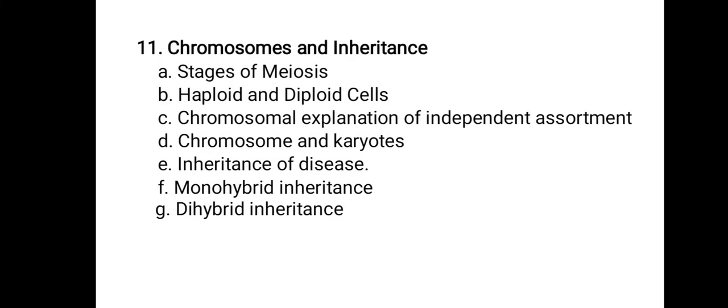And E, we'll talk about inheritance of diseases in living organisms, both in animals and in plants. And F, we'll discuss monohybrid inheritance, and then we'll finalize Unit 11 with a discussion on dihybrid inheritance.